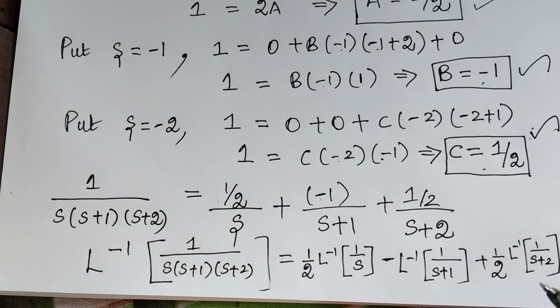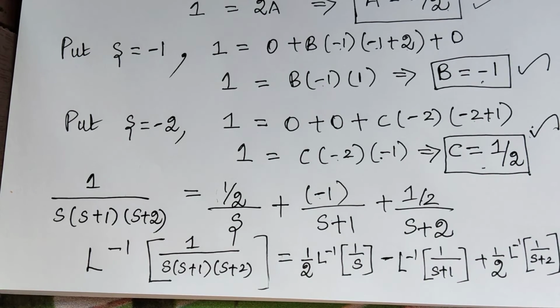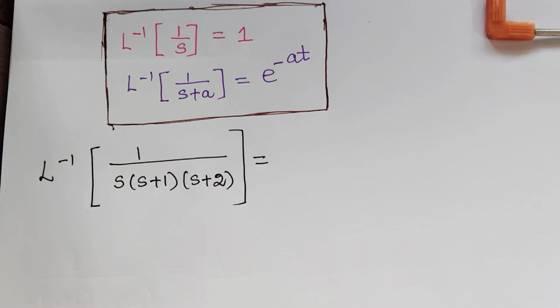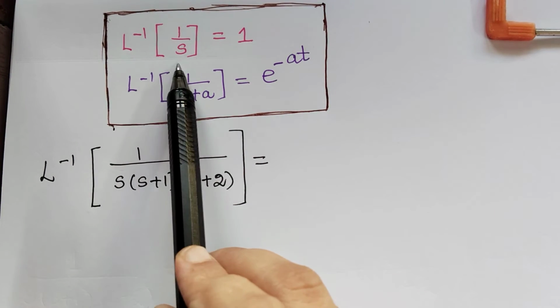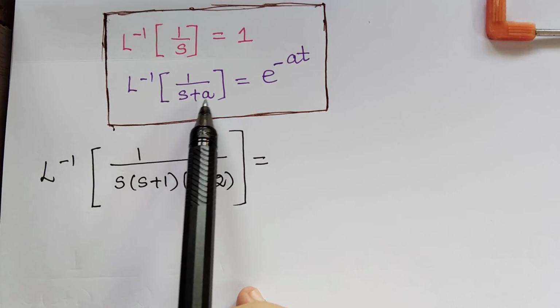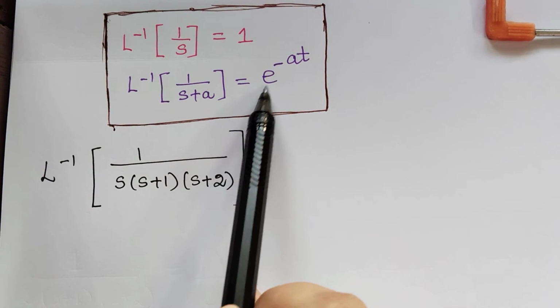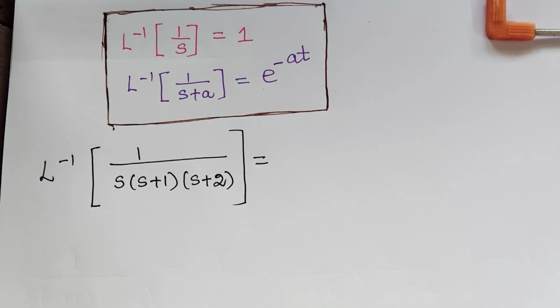So now we have to find the inverse Laplace transform of these terms by using the formulas under inverse Laplace transform. So let us see that. By the formulas we know that the inverse Laplace transform of 1 by s is equal to 1, and the inverse Laplace transform of 1 by s plus a is e to the power minus at. Now we will apply these formulas over here.